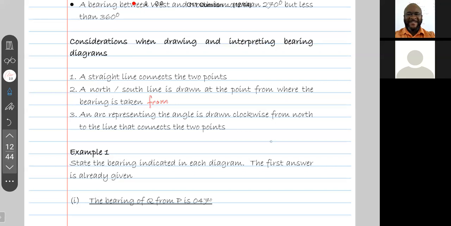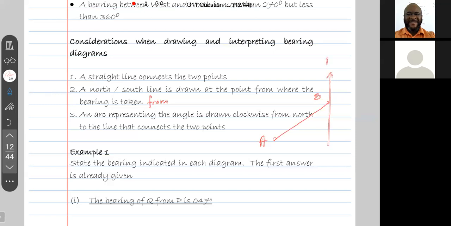So, for example, let's say I have two points here, A and B. This is the line connecting the two points. Now, let us say I'm taking my bearing from B. Anywhere you're taking the bearing from, at that point you're going to draw your north, south, east, west line. So at B, I draw my north, south line.